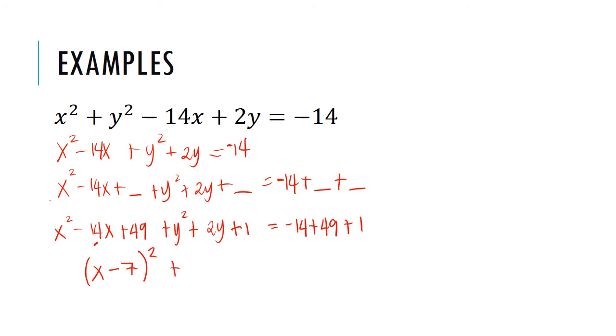Plus dito, plus yan. So, y plus 1 squared is equal to negative 14 plus 49 plus 1. So 51 minus 14, 36, sir. O, perfect square po ba si 36?